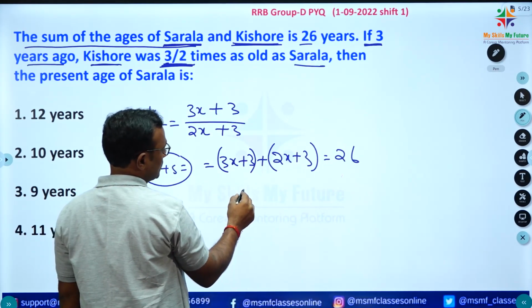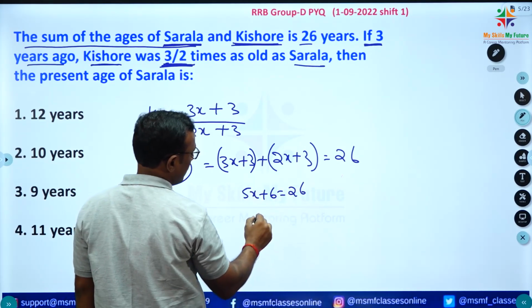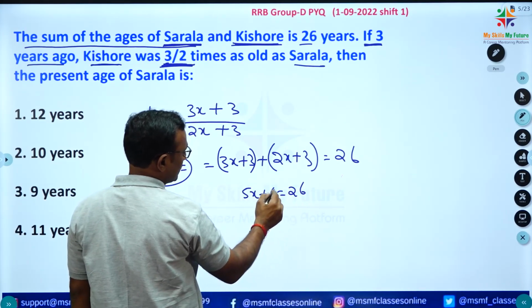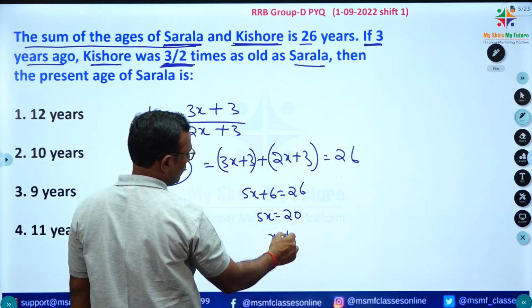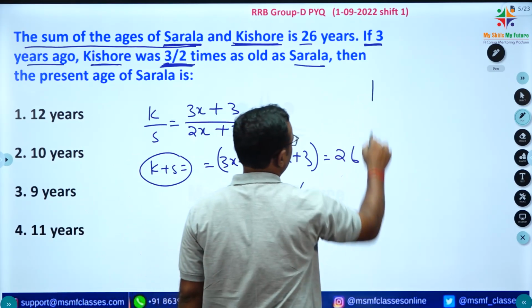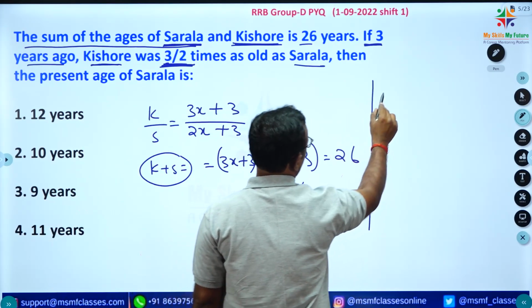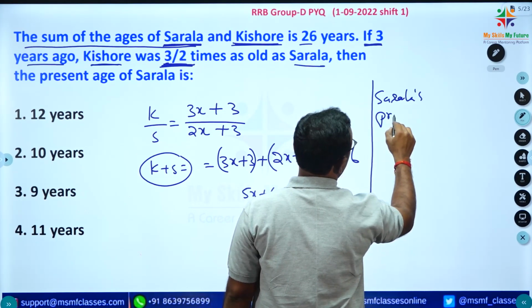So 3x plus 2x gives 5x, plus 6, is equal to 26. So 5x is equal to 26 minus 6, which is 20. x is equal to 20 by 5, which is 4. X is equal to 4. We need to find Sarala's present age.